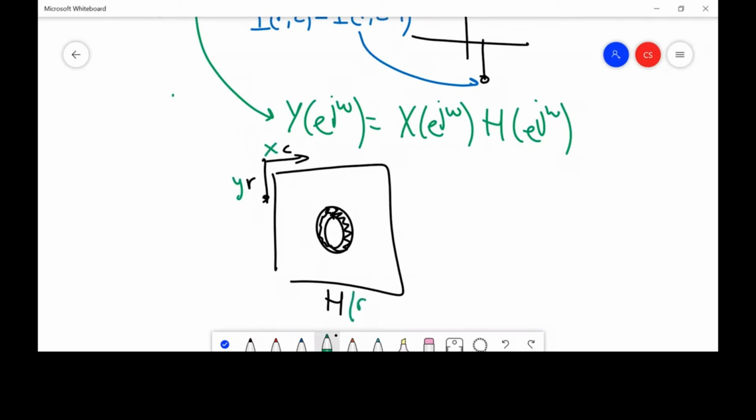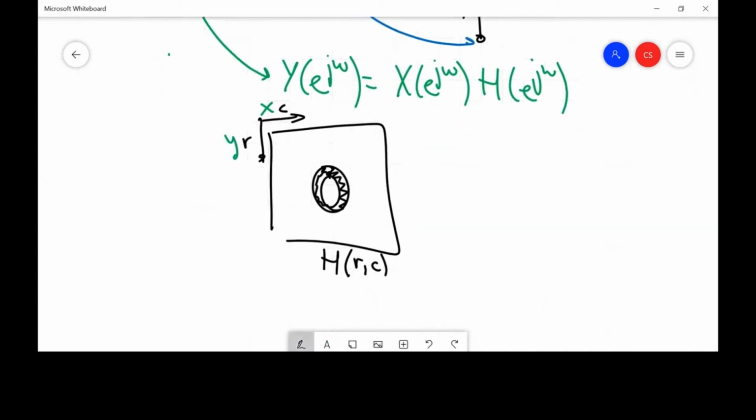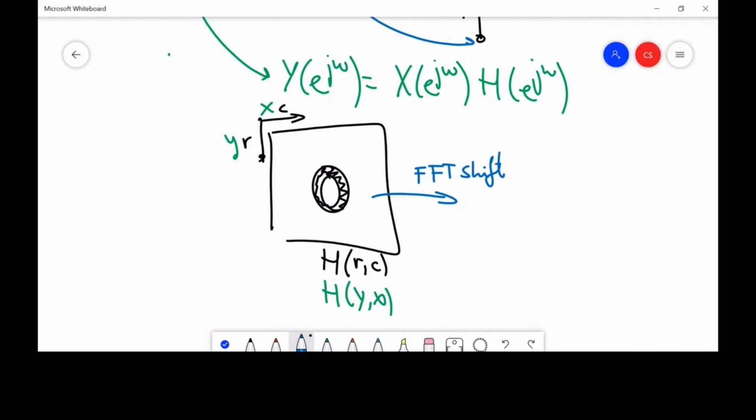And then this is RC, sorry. Let's make it black. So this is Y, and this is RC, or you may also refer to it as H of YX. Okay, good. So now we do the FFT shift. That is an operation that we have seen in the Fourier domain to put the Fourier transform in the middle.